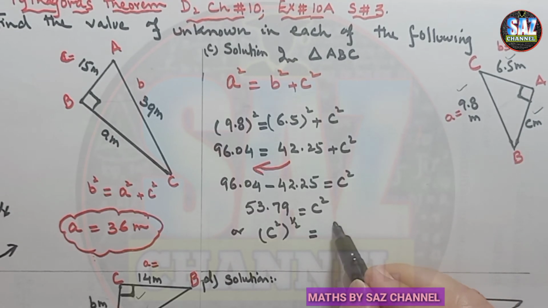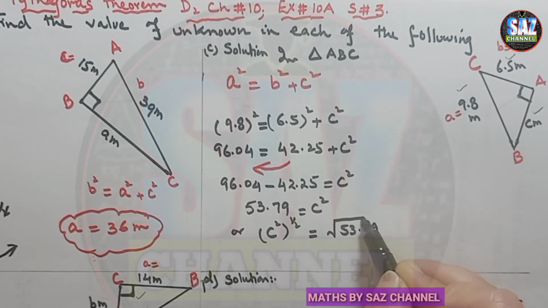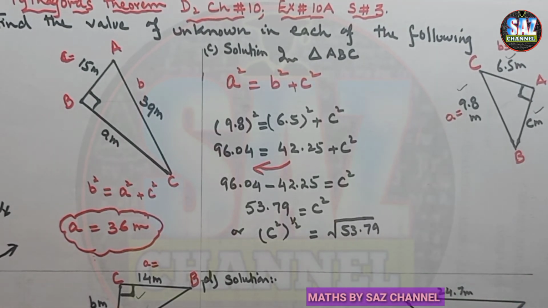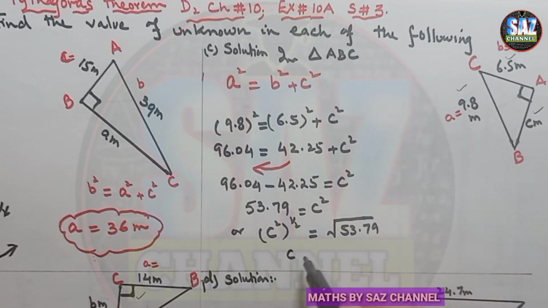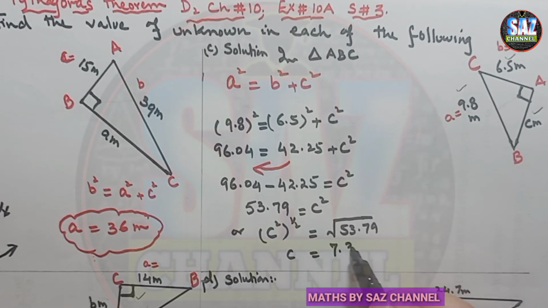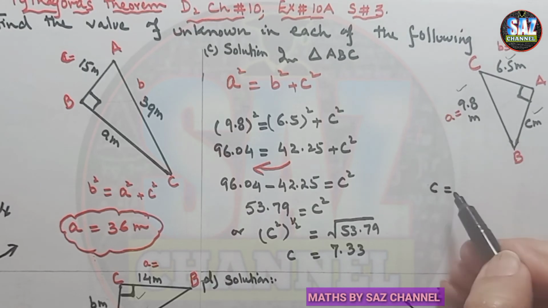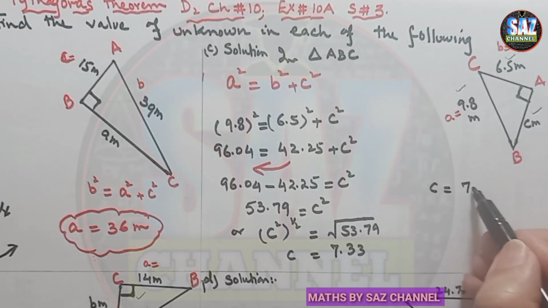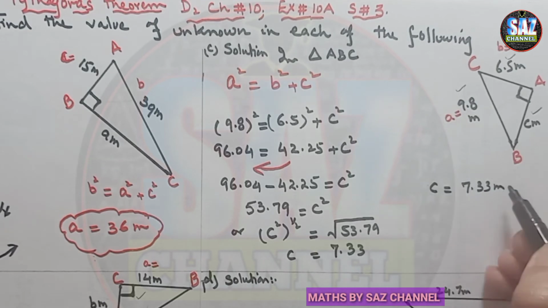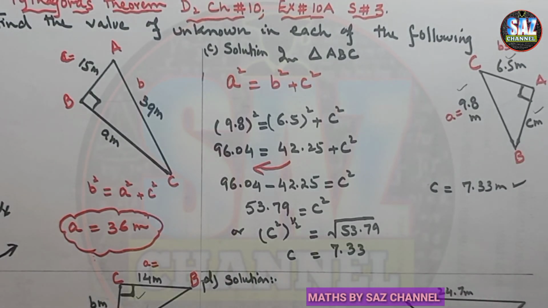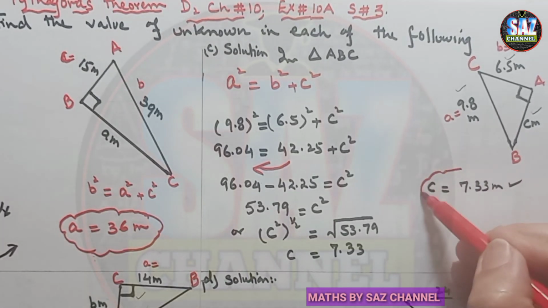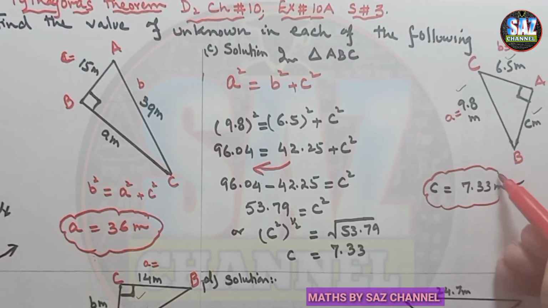Take the square root of 53.79, and this gives me 7.33. c equals 7.33, and the unit is meters, so c, which is the unknown of the question, is 7.33 meters. I hope you are clear about the question, and let me move to the next part of the question. Let me first block the answer so that you can see this carefully.